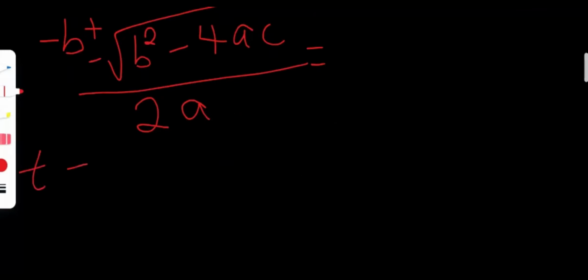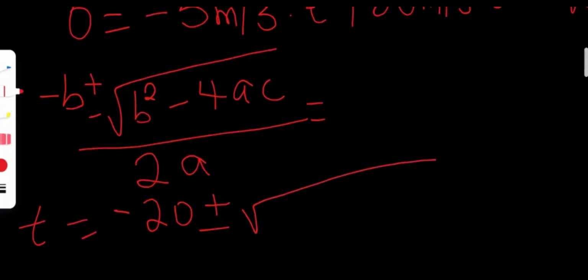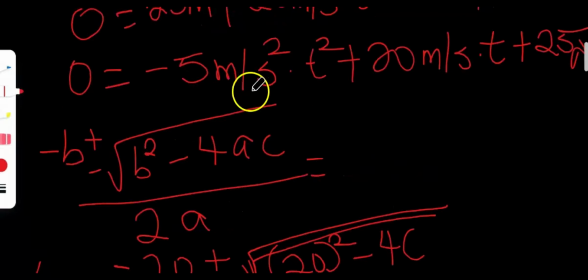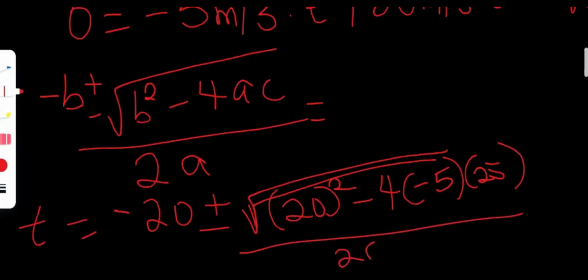So time t will be, since b is 20, -20 plus or minus the square root of 20 squared minus 4, and a is -5, so minus 4 times -5, and c is 25, all over 2a, 2 times a, and a is -5, so -5.